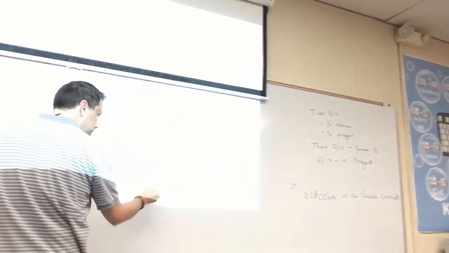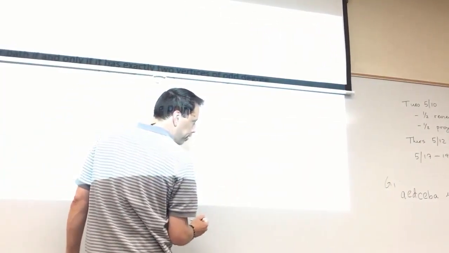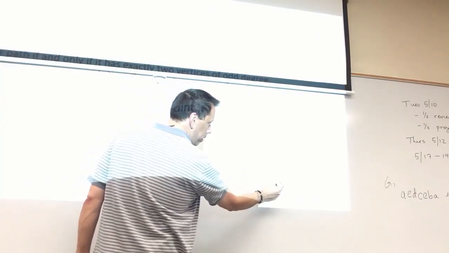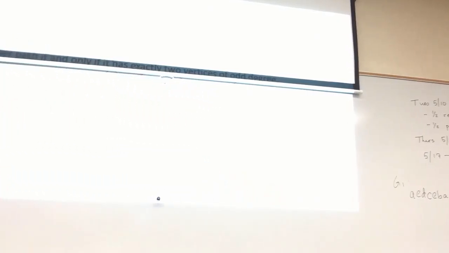Thank you. That would have gotten me in trouble. That has degree 5, this has degree 3, this has degree 3, this has degree 3. So not only are all of the vertices not of even degree, it's also not true that exactly two of them are odd degree. All right?